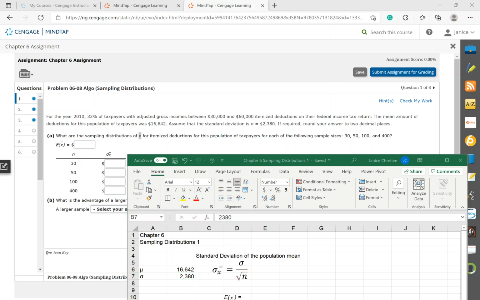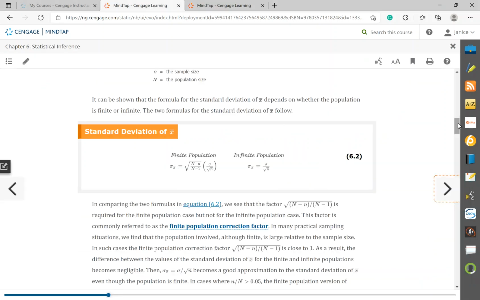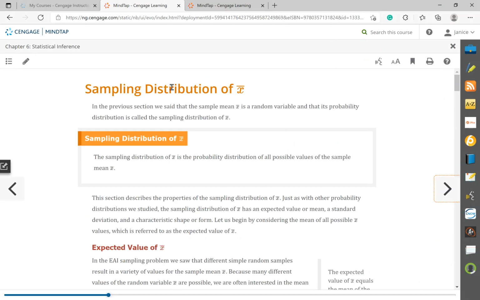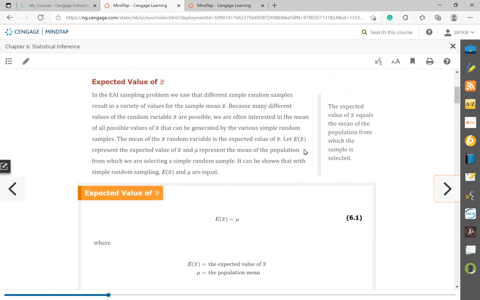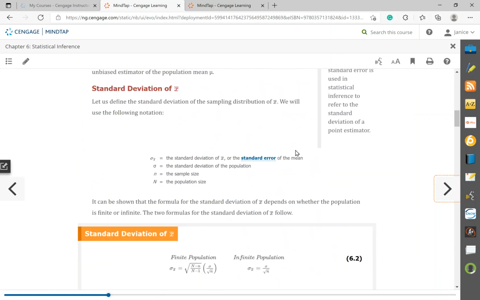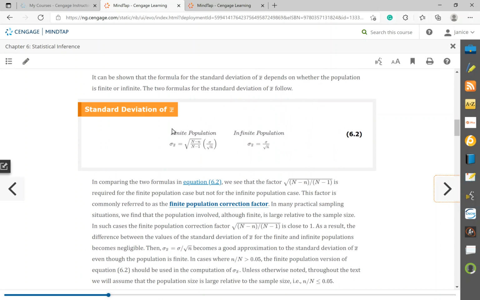So looking back at your text that you should have read by now, you learned about sampling distributions of the population mean, and we were given a formula. And if you were to work the algebra on this first equation, you would see that it equals the second equation. And so we will use this equation just because it is parsimonious. It's simpler, it's easier.